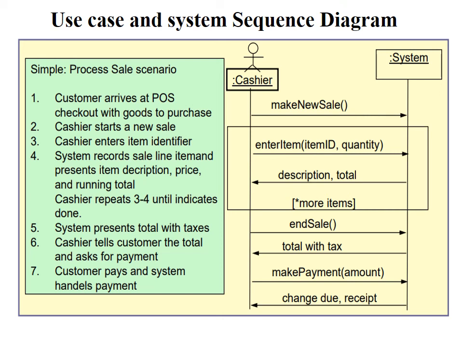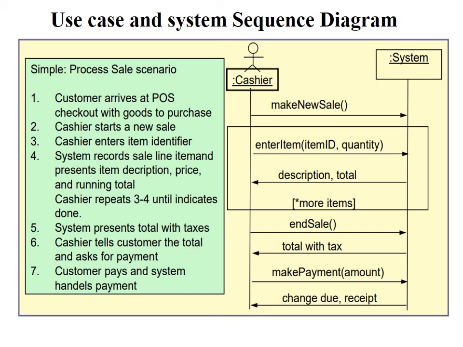The step says the customer arrives at the POS checkout with goods to purchase. The cashier starts a new sale. Here the cashier communicates with the system, making it a new sale. Then he will be taking items one by one from us and adding each item for billing.